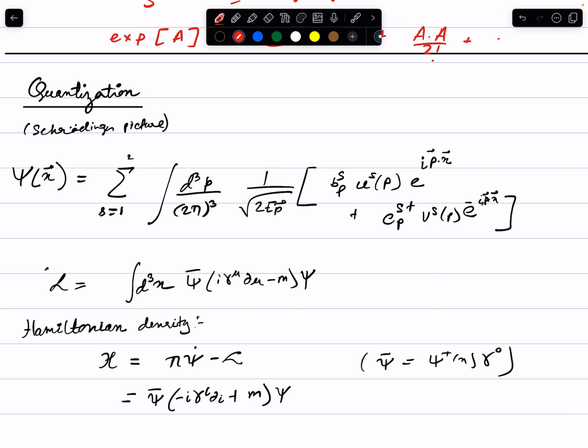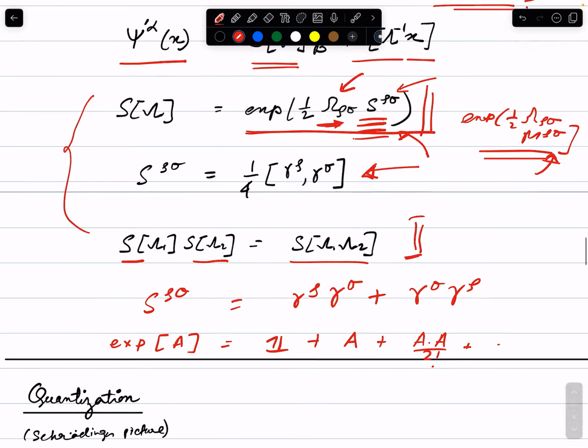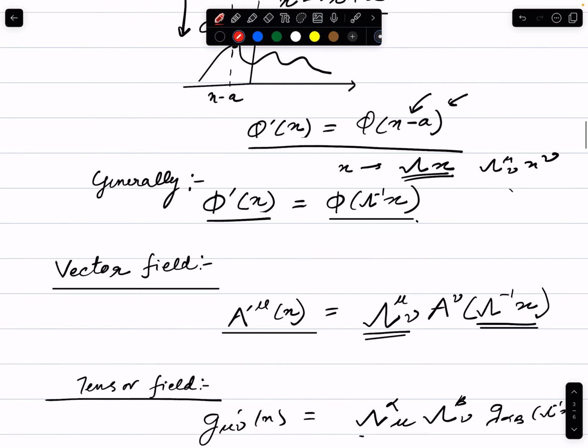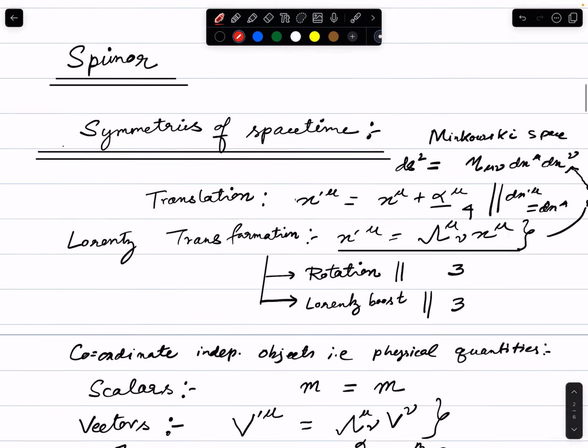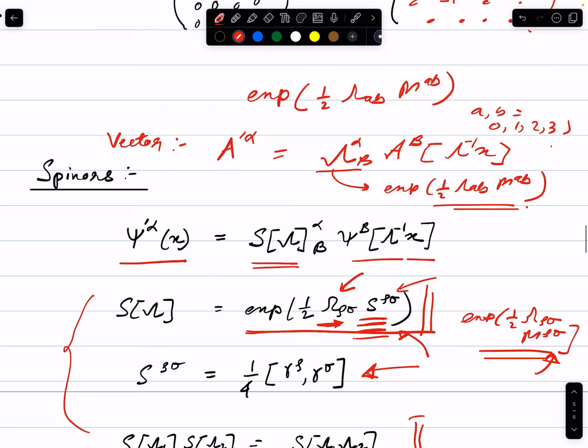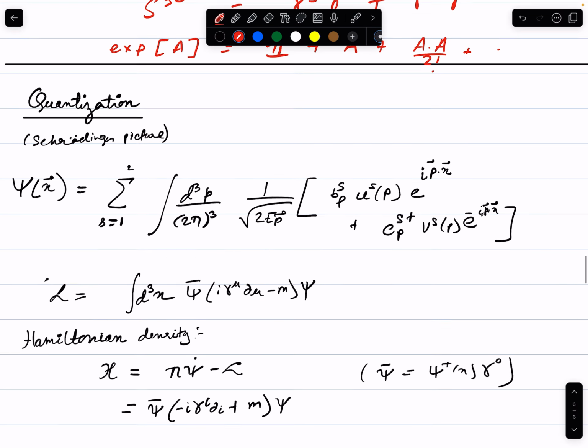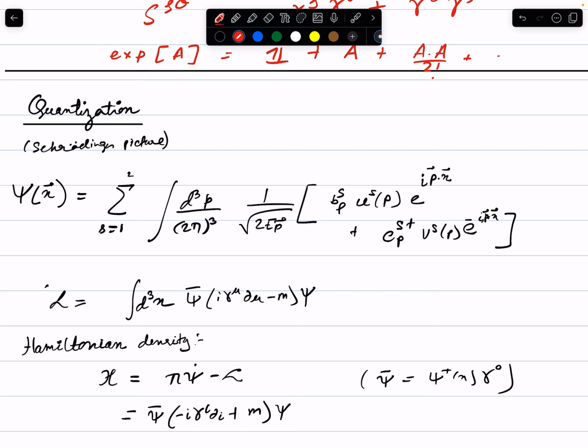We simply take those coefficients that appeared before in this example and we promote them to operators. We know they will become some kind of oscillators. So this is one operator and this is another operator, and by convention we choose this to be dagger and like this.